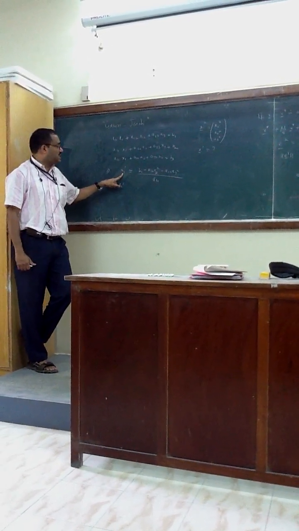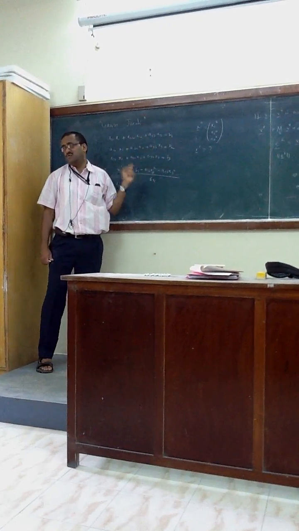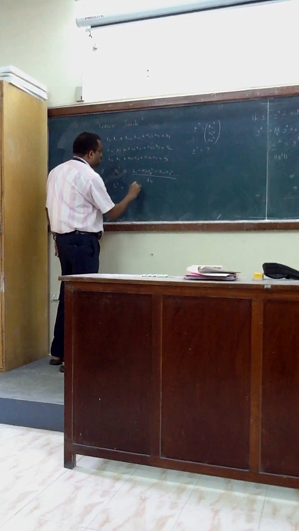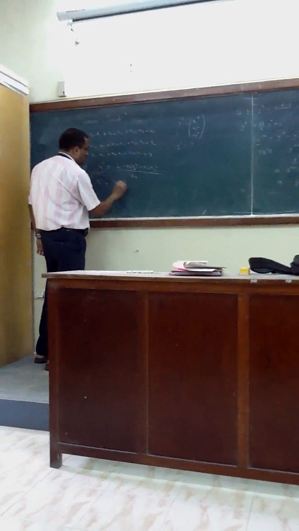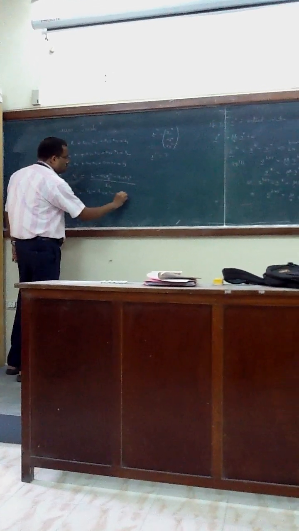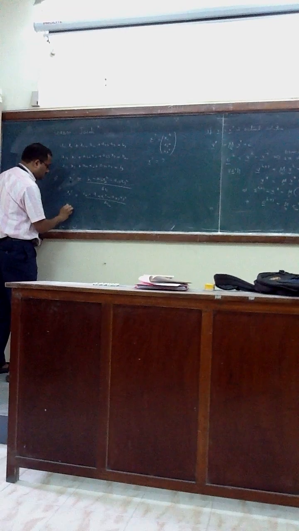So I am generating a new guess, x11. This is the old guess, already there. Generate a new guess, right? x21 is b2 minus a21 x10 minus a23 x30, divided by a22. x31 will be what?